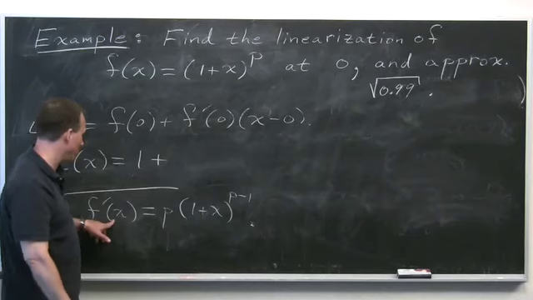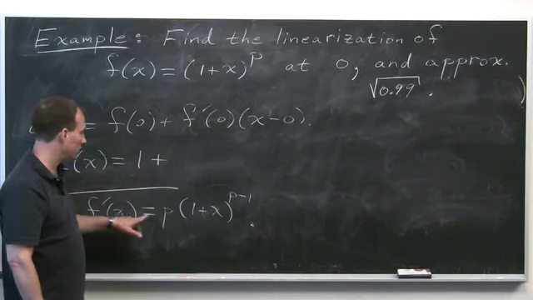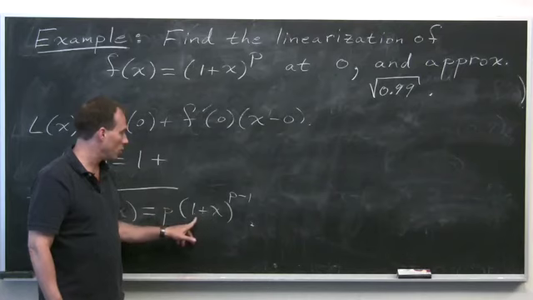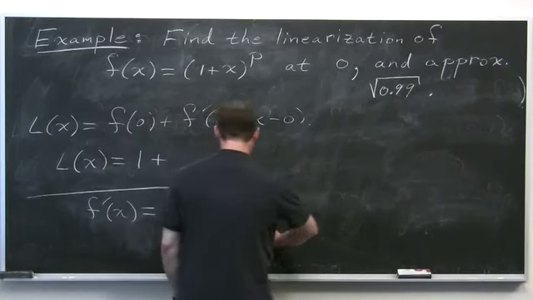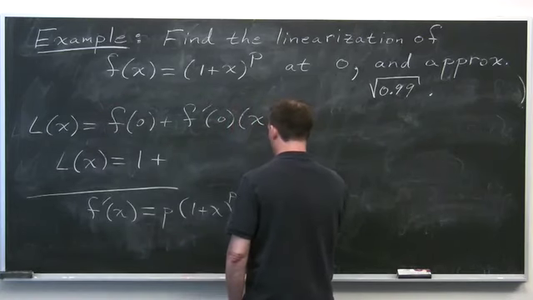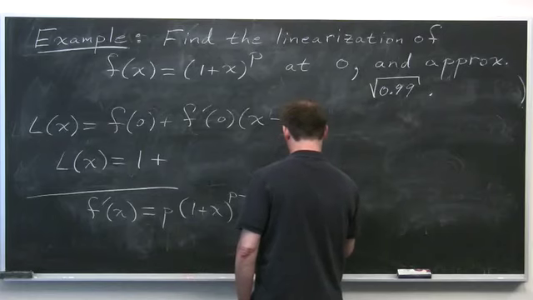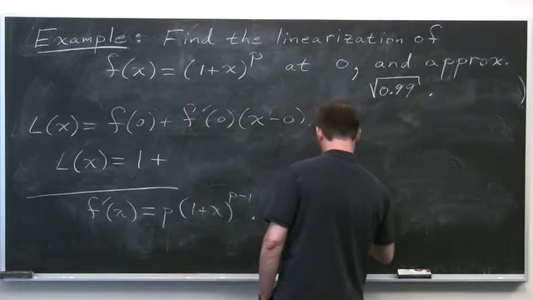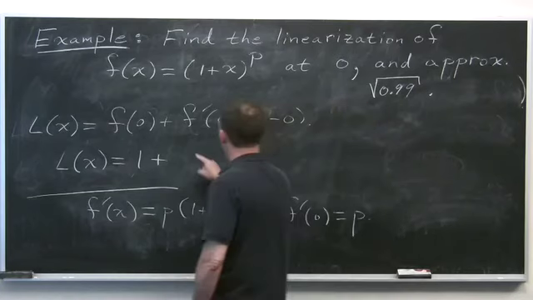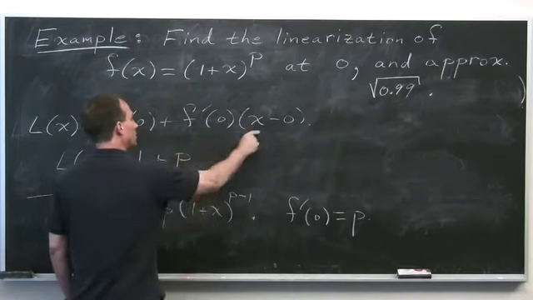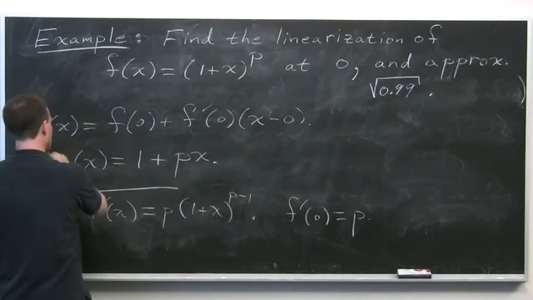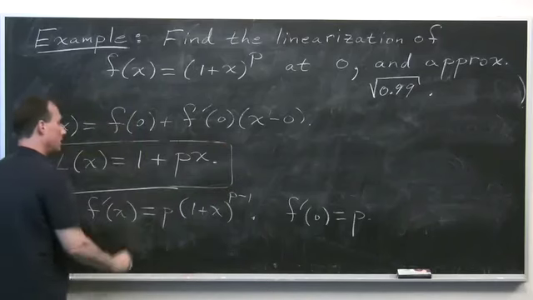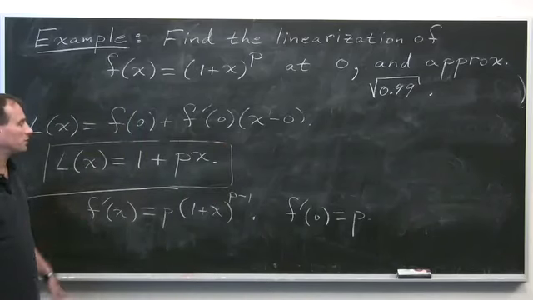So what's f prime at 0? You would get 1 to the p minus 1, that's 1, but times p. So f prime at 0 is just p. And so this is p, and this is x. So the linearization of (1 plus x) to the p is L of x equals 1 plus p times x.